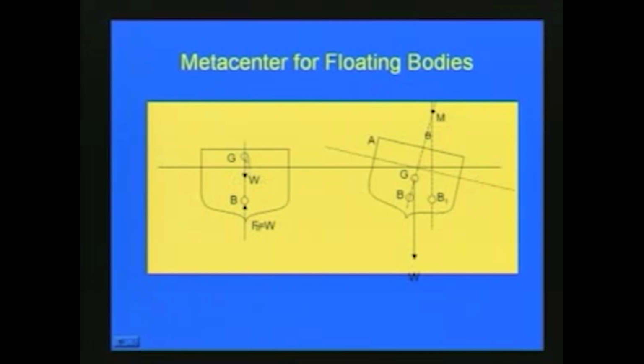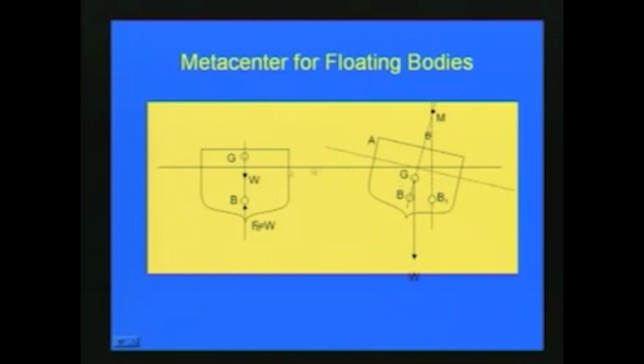The body weight is indicated here as W, and due to the buoyant force, an opposing force FB acts in the opposite direction. Since it is in stable equilibrium, FB is equal to the weight of the body. This is the situation, and now in this second figure we are giving a small displacement to this partially floating body.